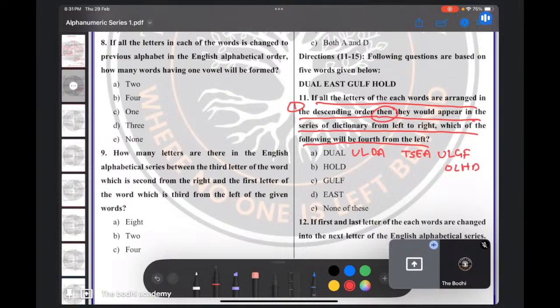So we have to arrange in dictionary order, smallest to highest. So it will look like O L H D, then T S E A, then U L D A, and then U L G F. U L is common, but G comes later than D. So first, second, third, and fourth: U L G F, that means Gulf. Option number C will be your answer.